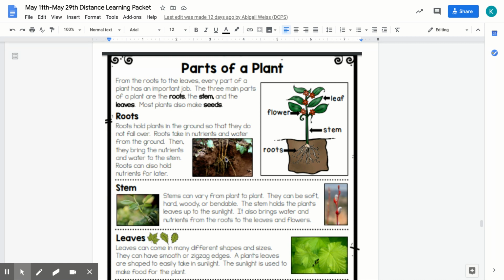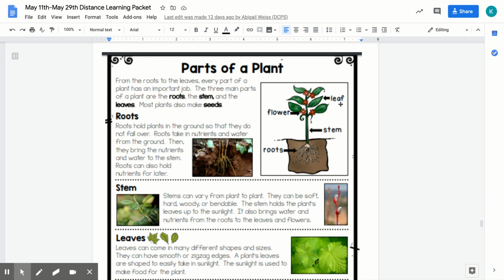From the roots to the leaves, every part of a plant has an important job. The three main parts of a plant are the roots, and then notice in the diagram where it shows roots, the stem, see in the diagram where it shows the stem, and the leaves.